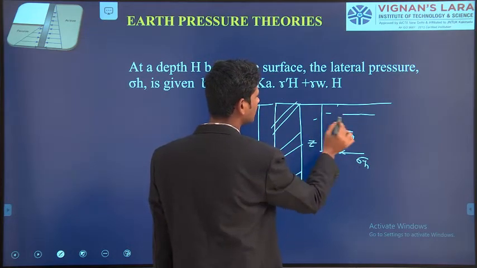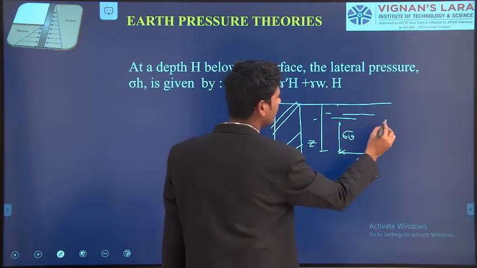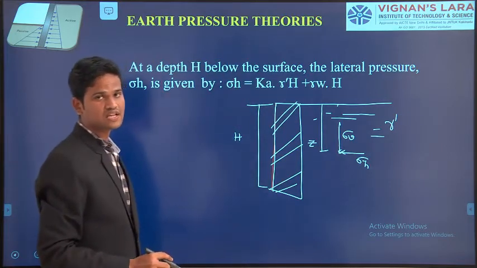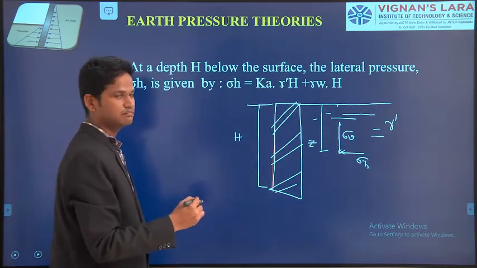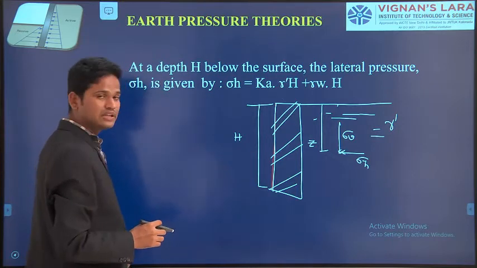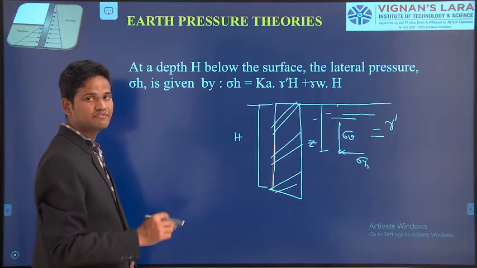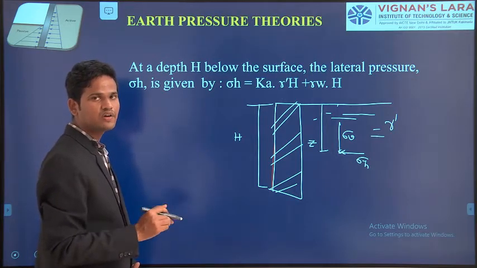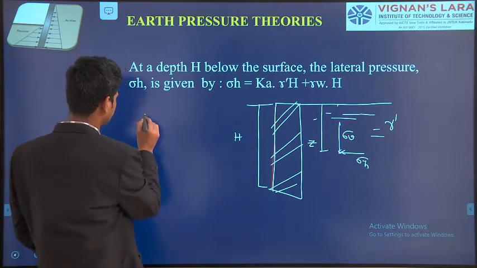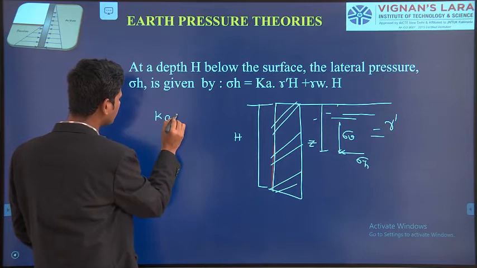Again, if you see in our diagram, they represented the submerged unit weight. Hence, for the submerged unit weight, we have to take the unit weight of the soil mass as gamma prime or gamma submerged. Already we know the earth pressure formula. The coefficient of earth pressure is defined as the ratio of horizontal earth pressure to the effective vertical pressure. Ka is the coefficient of active earth pressure.